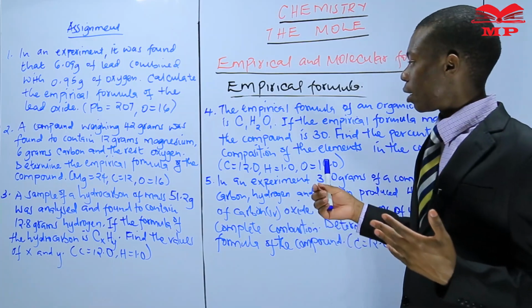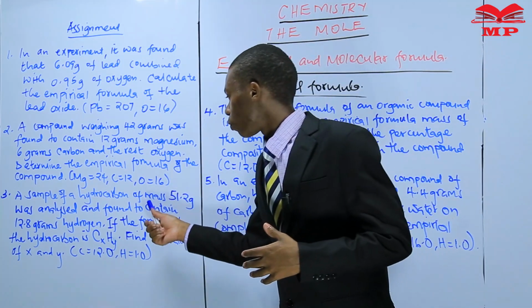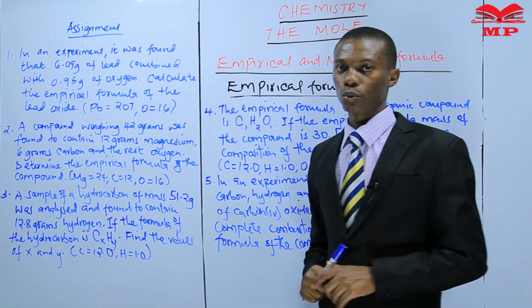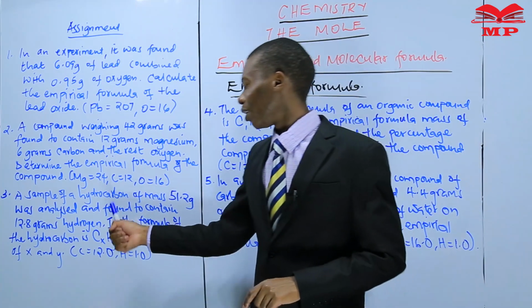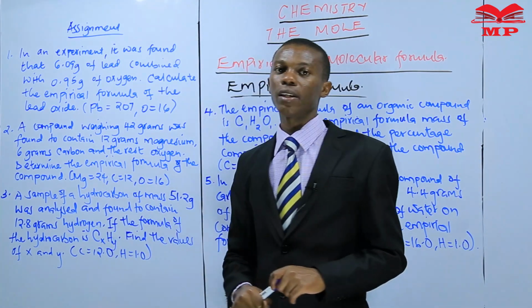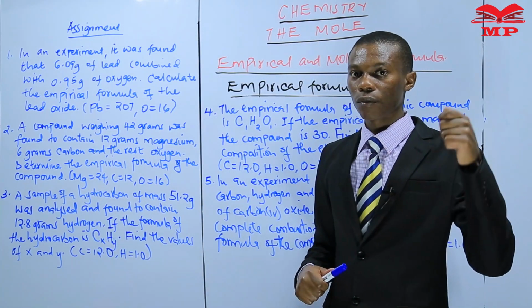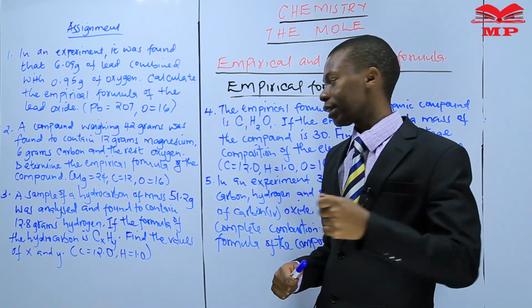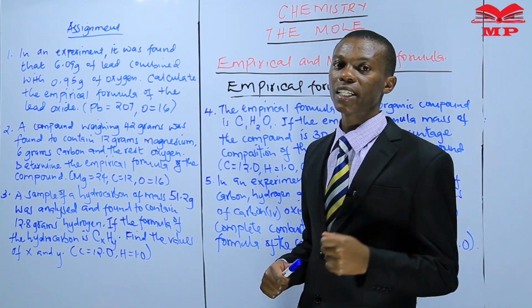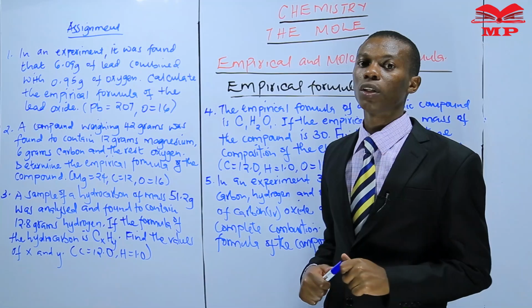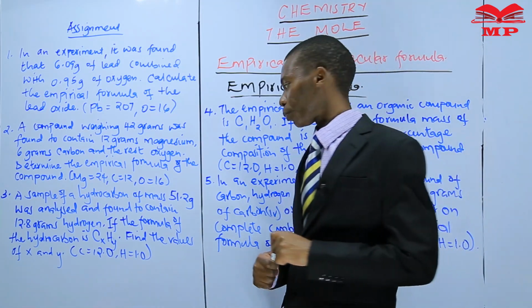Therefore, if the mass of the hydrocarbon was 51.2 and the mass of hydrogen was 12.8, then you can now get the mass of carbon by subtracting 12.8 from 51.2.